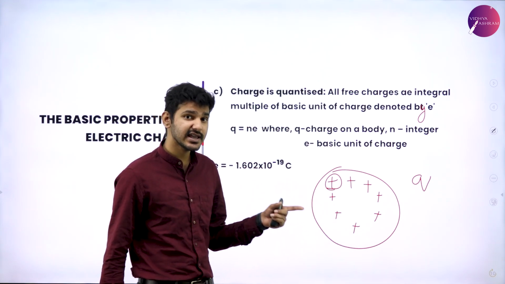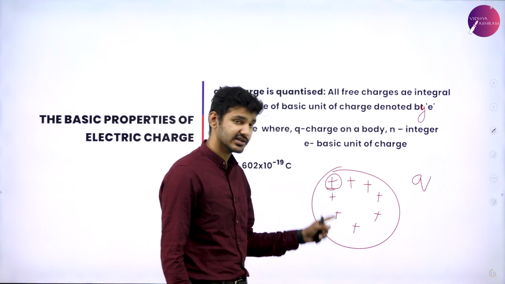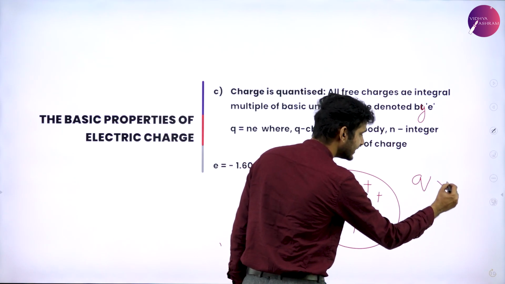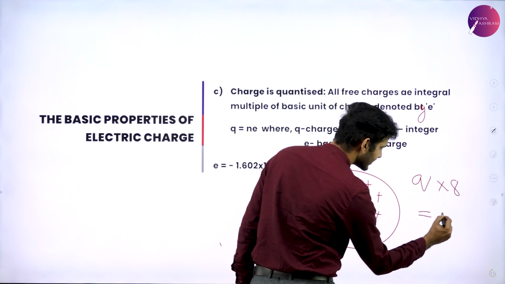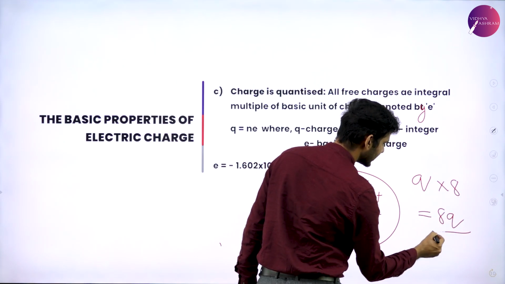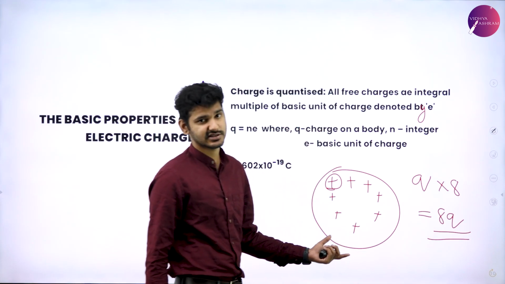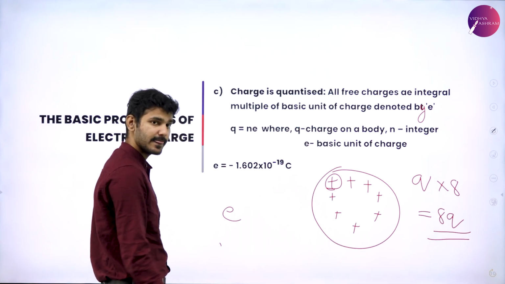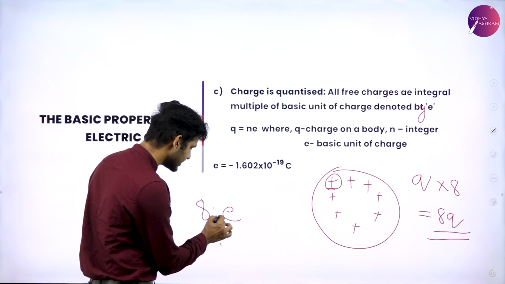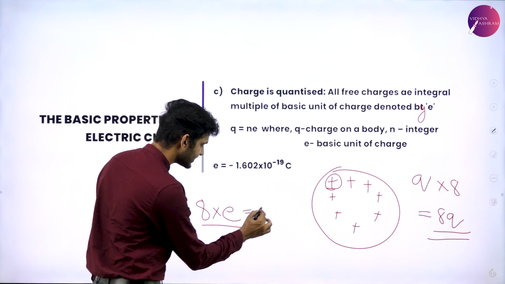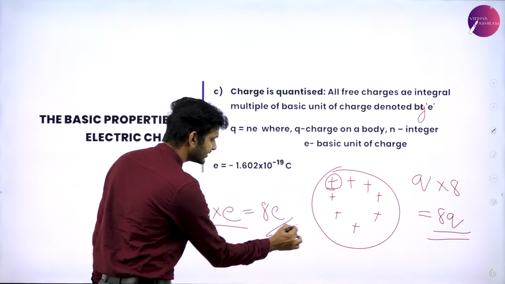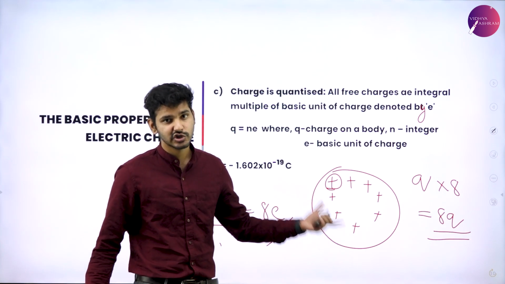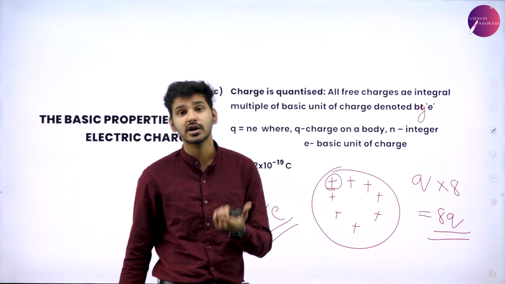So we can say that there are 8 charges, which means that 8 into Q, which is 8 Q charges are present in this system. If these were electrons, which is denoted by the letter e, there are 8 into e, which is 8 e electrons present in that system. So that is the meaning of charges are quantized.